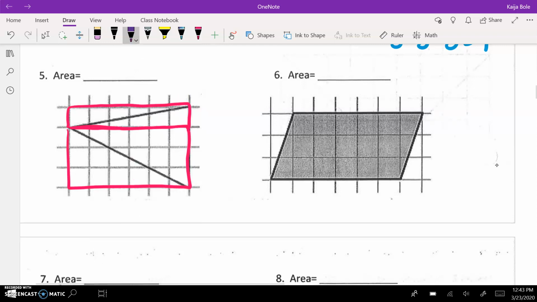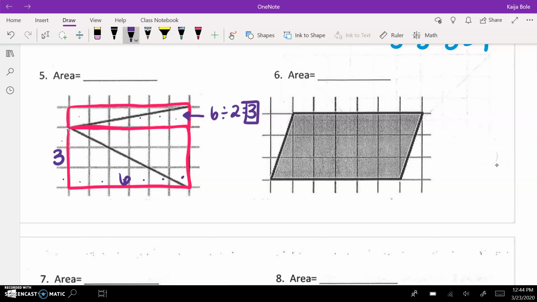So if I look at the top shape, my number 1 shape, I've got 1, 2, 3, 4, 5, 6 total boxes. And again, I have to divide it by 2. So I get 3 here for the top. Now my bottom, I've got 1, 2, 3 going down the side, and then 1, 2, 3, 4, 5, 6 going across the bottom.